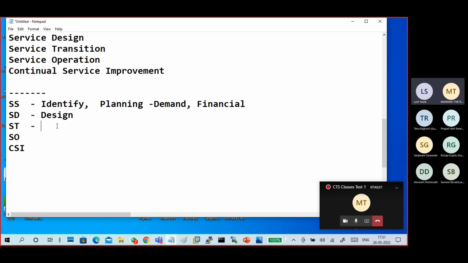Okay, next one is transition. Transition means development and release, and deploy. At least we can say develop and deploy. Okay, operations. Operations means supporting.